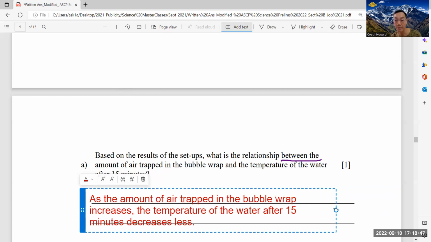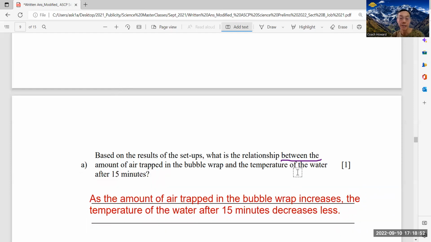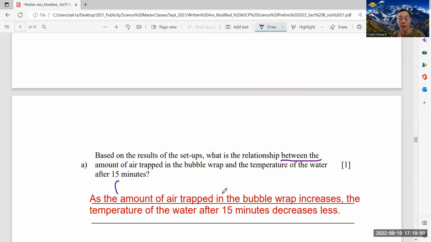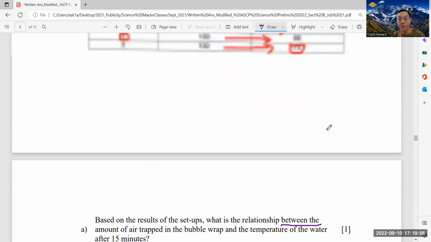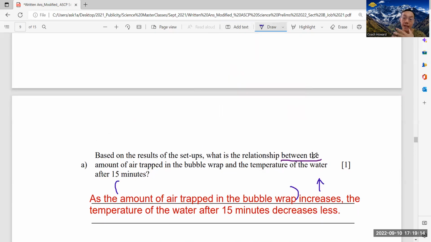Okay, this part, let me arrange it. Can you see? As the amount of air trapped in the bubble wrap, what happened? Increases. Look at this diagram here. More layers means more air, because I'm using the actual words.